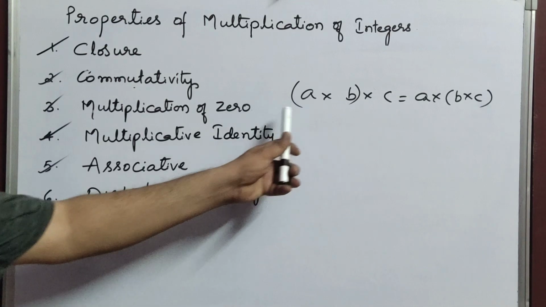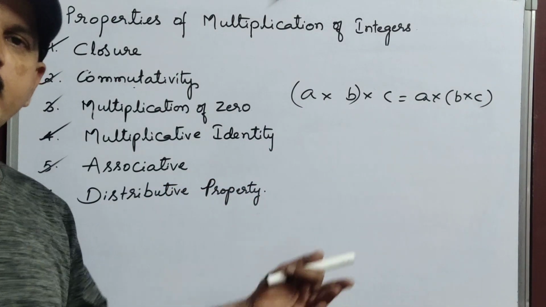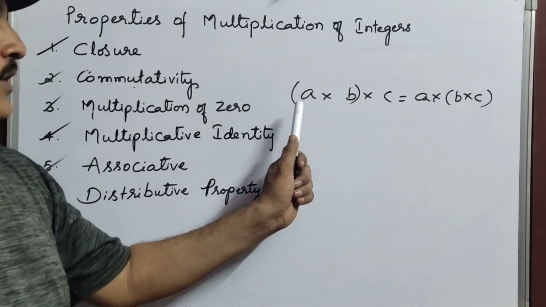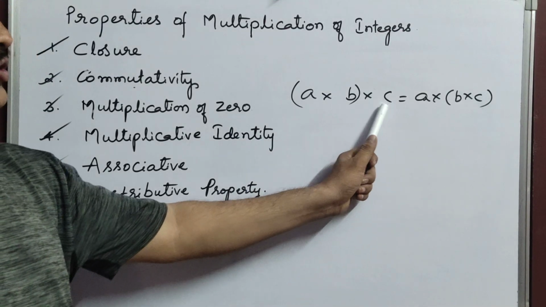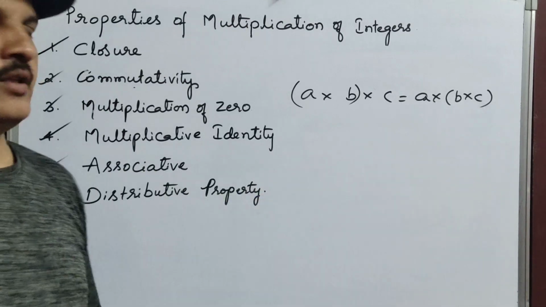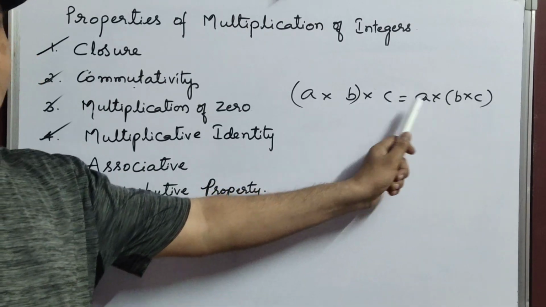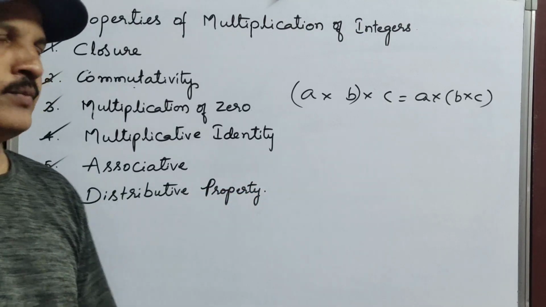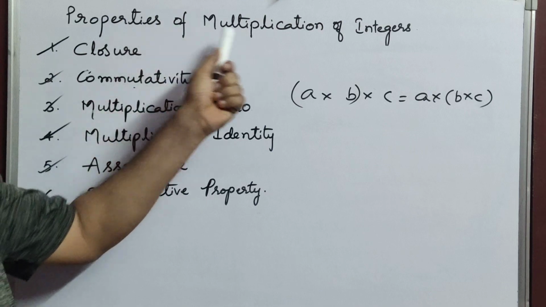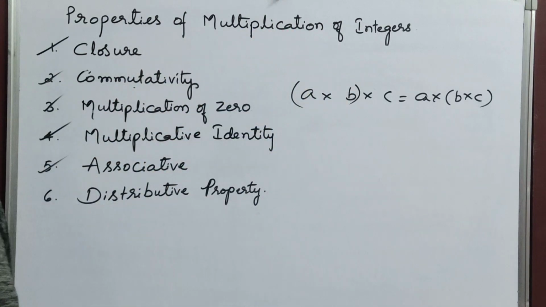That is, a into b in bracket on one side and b into c in bracket on the other. That is the only difference here. a, b, c are any three integers. Then a into (b into c) equals (a into b) into c. That means these two, LHS and RHS, should be equal. Then only is the associative property applicable for multiplication of integers.